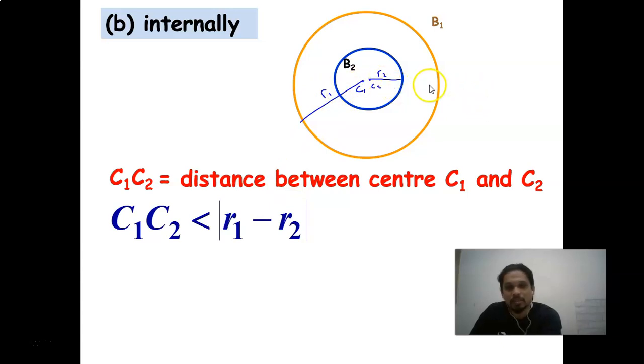You can just imagine that in any situation this circle might be somewhere around here, not very concentric to this big circle.